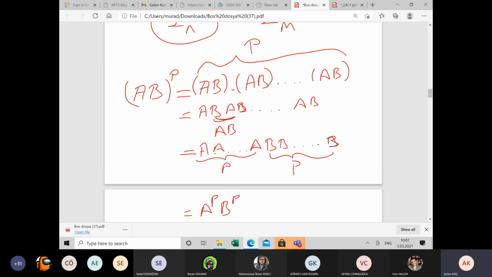Here we know that matrix product is not commutative. B times A is not A times B. So A times B to the P is not equal to this one. It's okay? Let's come back.